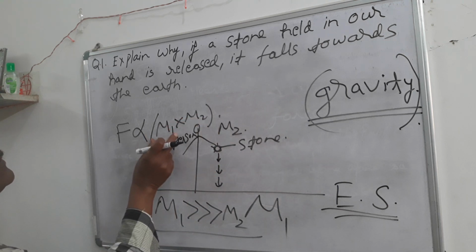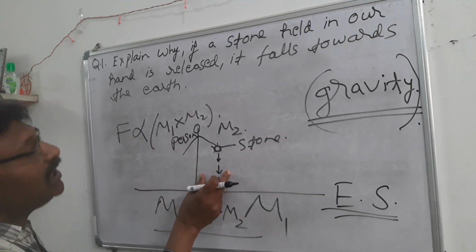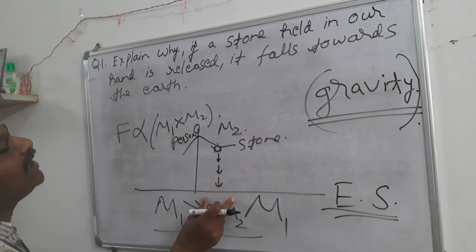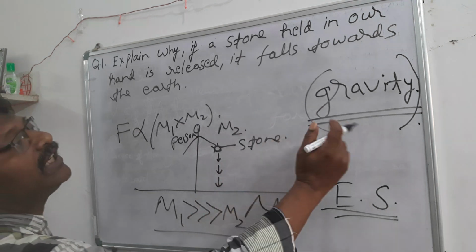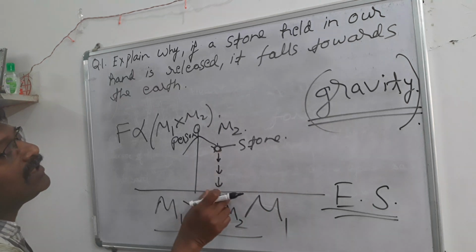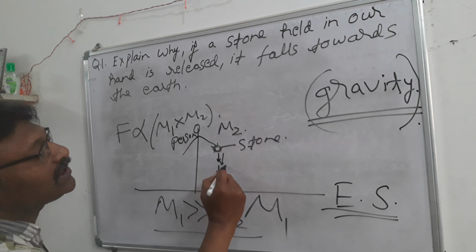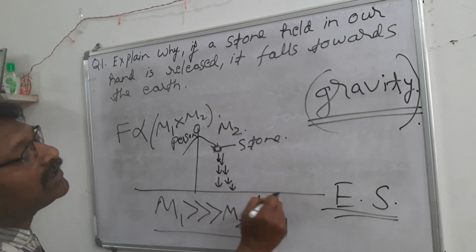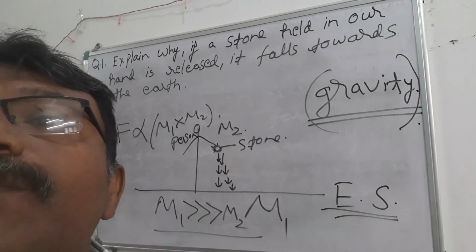Because the mass of the earth is extremely large, the force of attraction between the earth and the stone is also very large, and as soon as the stone is released, it is attracted towards the earth surface. So this is the first question.